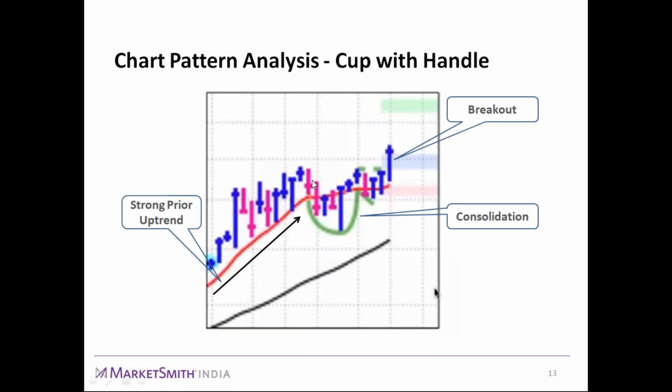So let me summarize what is happening, what the psychology of the market is when this pattern is being formed. The stock has run up higher until this point. Now some weaker hands are starting to exit, but by the bottommost point of this cup, some investors start buying into the stock. As you can see, the blue bars represent those weeks in which the stock is moving higher, and the pink bars represent the weeks in which the stock has moved lower.